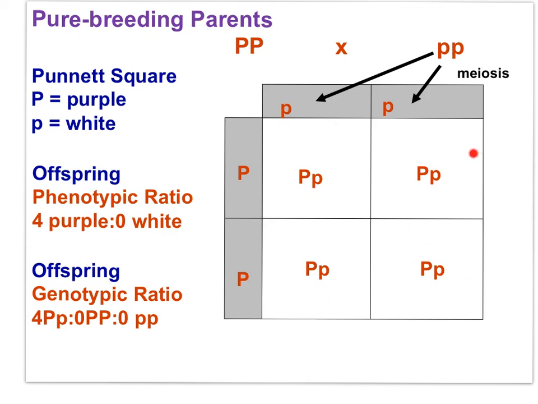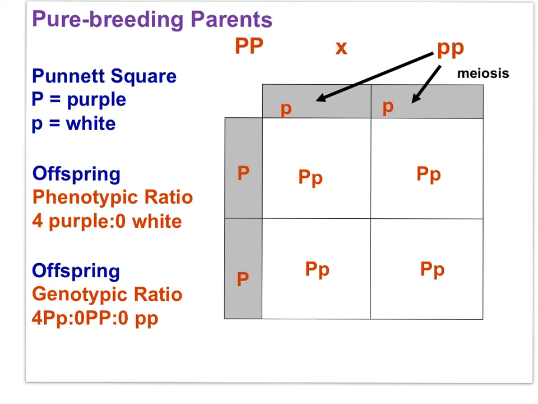Close examination of these individuals provides the expected ratios of the offspring. Notice all the F1 offspring were of purple flower phenotype. The phenotypic ratio was 4 purple, 0 white. The genotypic ratio was 4 heterozygous purple flower, 0 homozygous purple flower, and 0 homozygous white.